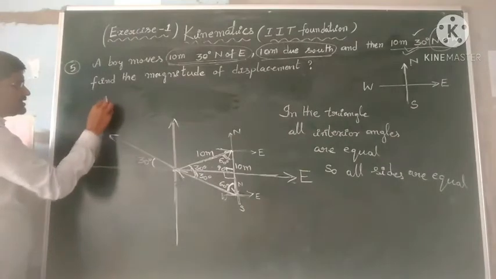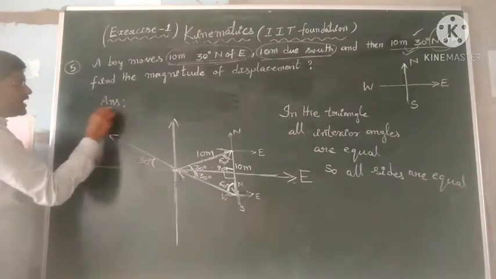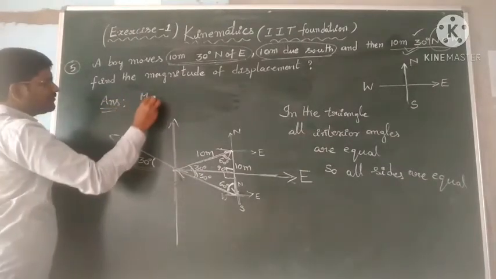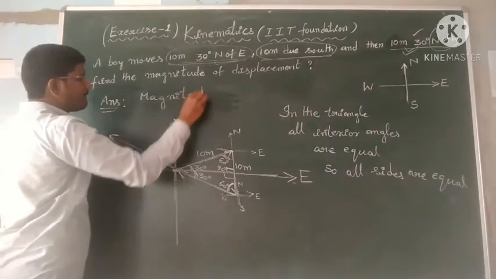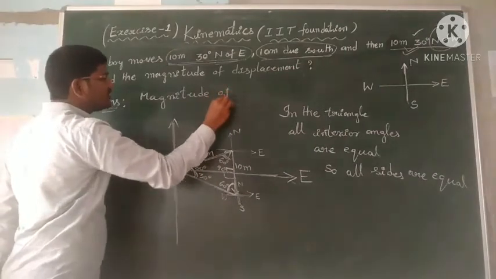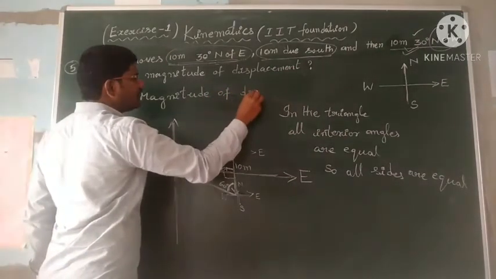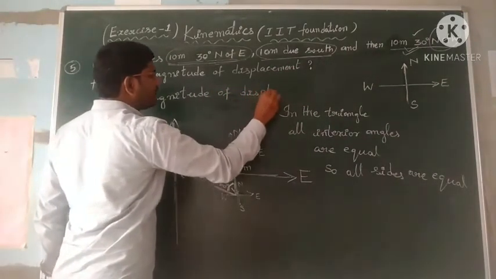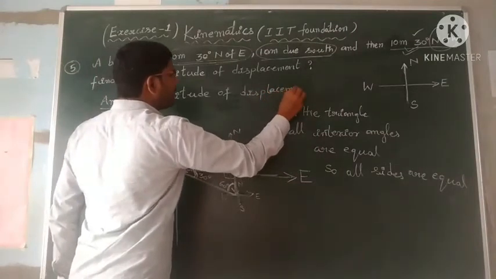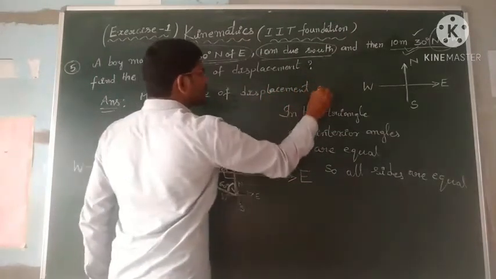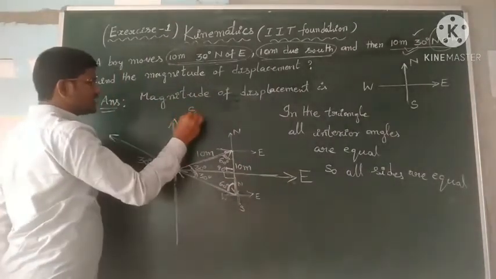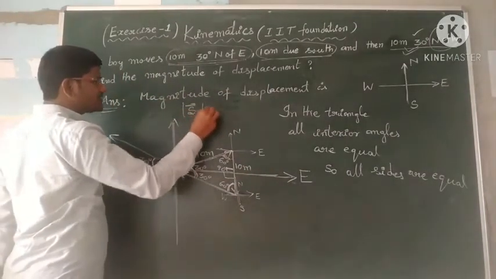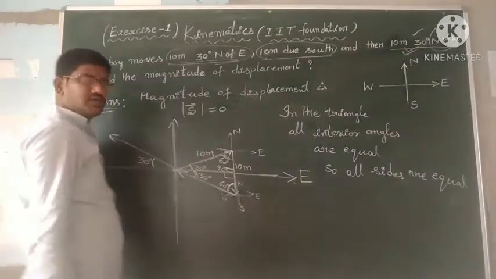So the answer is magnitude of displacement is 0. That is modulus of S bar is 0, you can write.